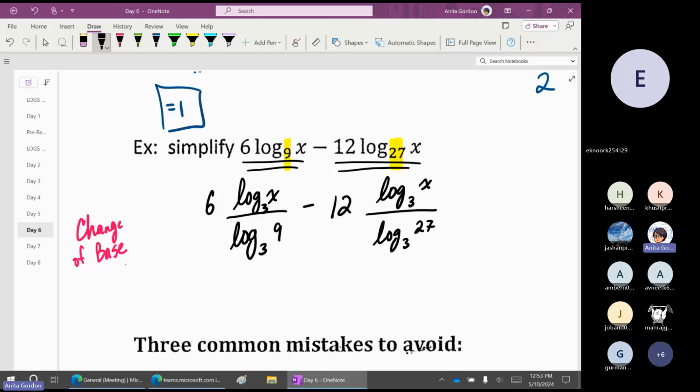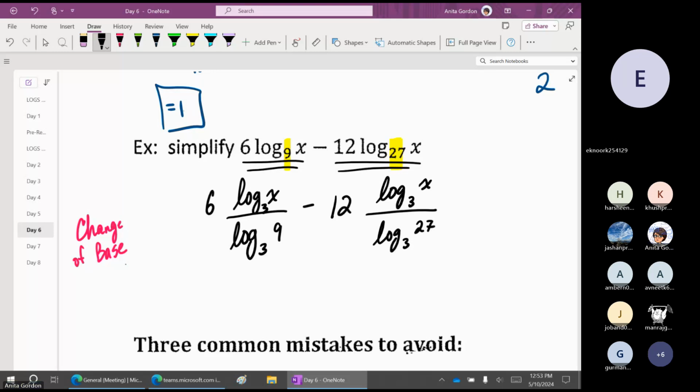Okay, so I'm using the change of base rule that's at the top of this page. I chose a strategic change of base because I can see that 9 and 27 are multiples of 3.